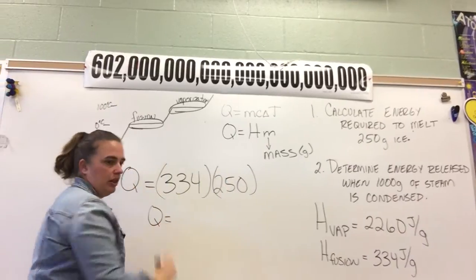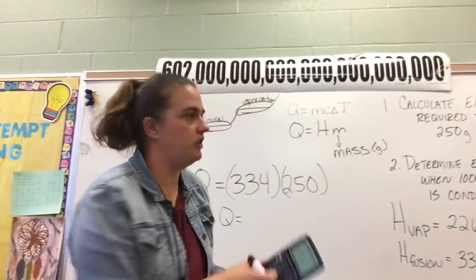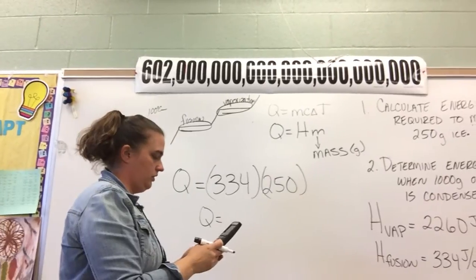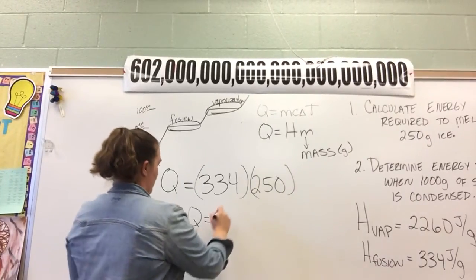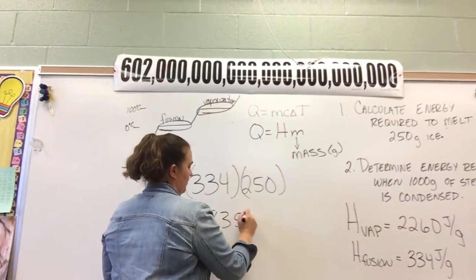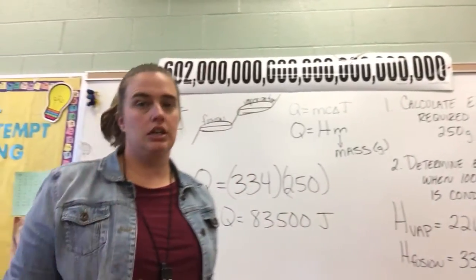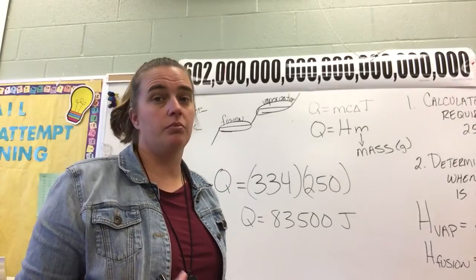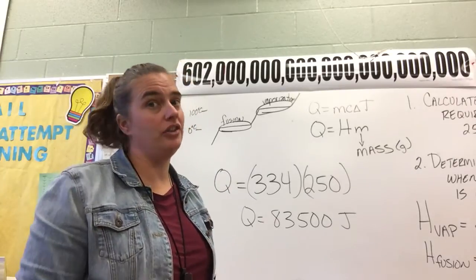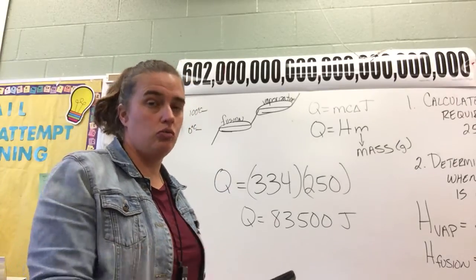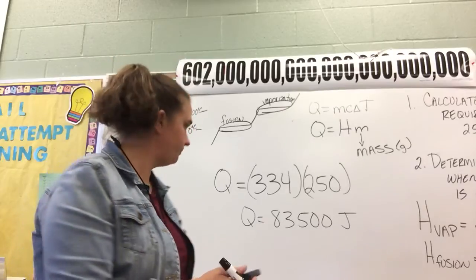I just plug it in: 250 times 334 is 83,500 joules. Again, it seems like a big number, because you do need to add an awful lot of heat in order to melt that much ice.